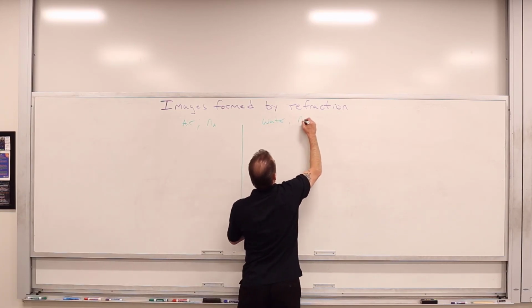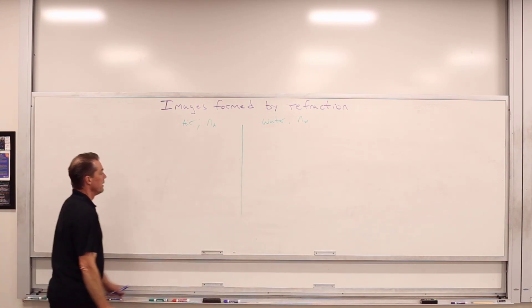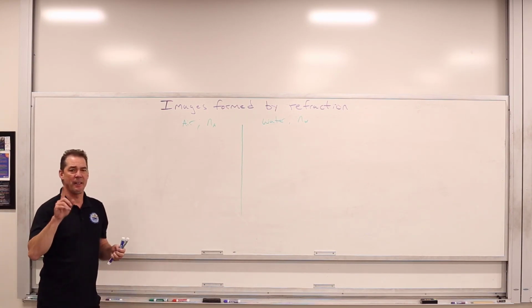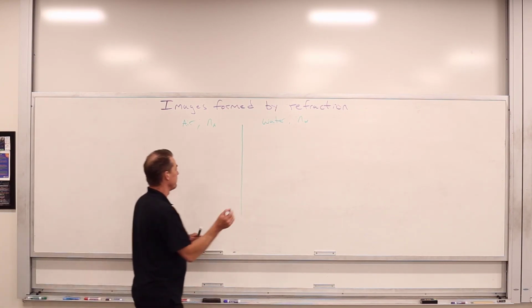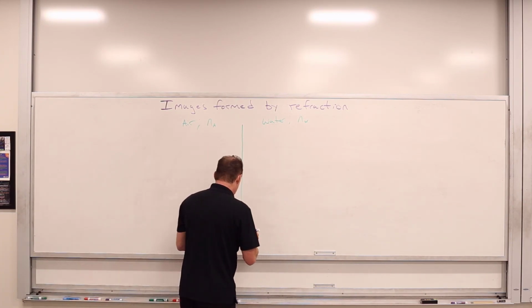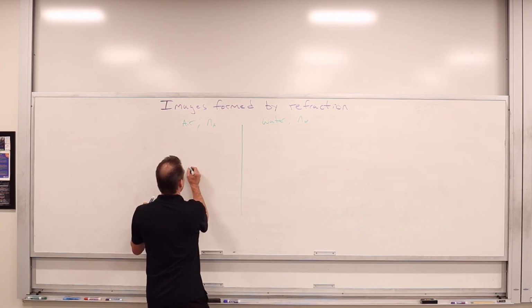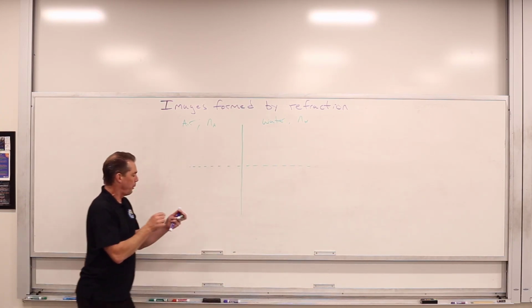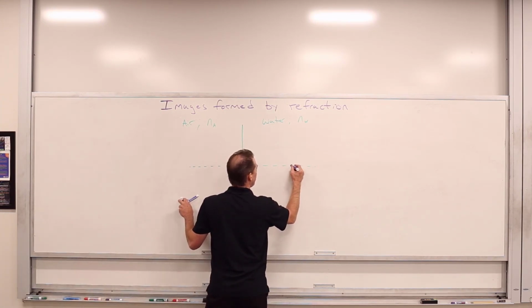And say that we've got some index of refraction for water, we'll just call it N sub W. So here's the interface boundary between the two materials, and let's take that there is some object immersed within this water. I'm going to draw in a principal axis here just to help us align stuff a little bit. I'm going to put some object, point object, on here.